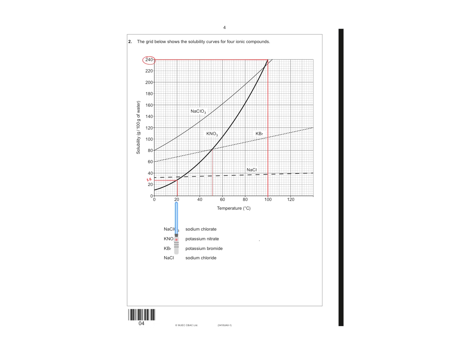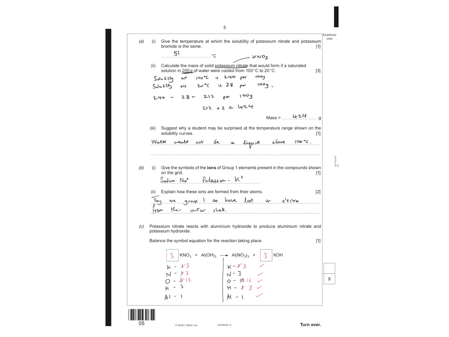And there's going to be a large amount of water, so we're going to have to do some sort of multiplication after. I go up from 100 and across to 240, and I go up from 20 to 28, and I'm going to use these numbers on the next page. I've also marked up here the intersection between two, which is where they've got the same solubility, so we'll use these answers on the next page.